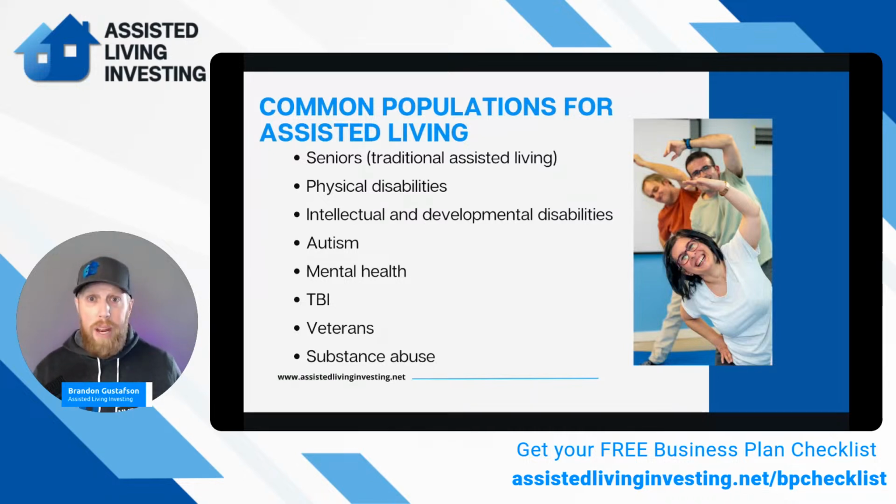TBI, traumatic brain injury. We just did an entire video on this a week or two ago, about how to serve TBI residents in your home and what to be aware of when you're working with that group of individuals, and how it can impact the way that you're treating them and serving them, and how to interact with them, and help them through the trauma that they're experiencing, and be able to still live a life that is functional, and helping them do that.